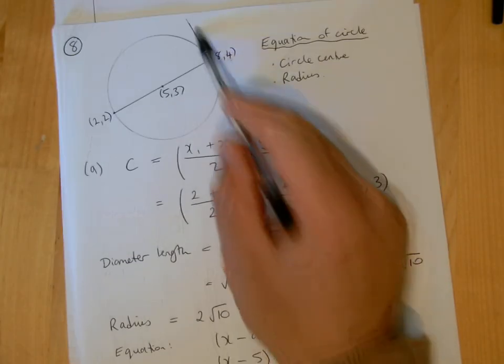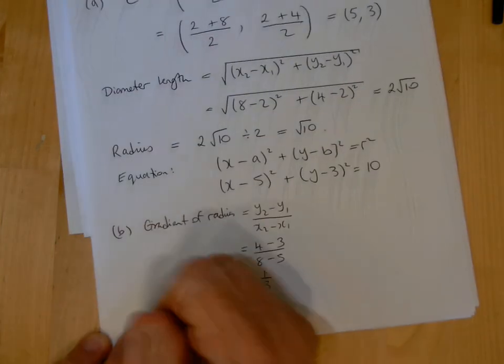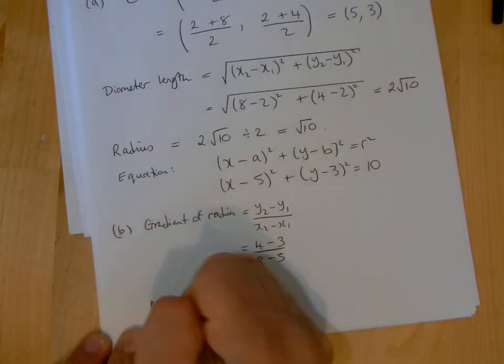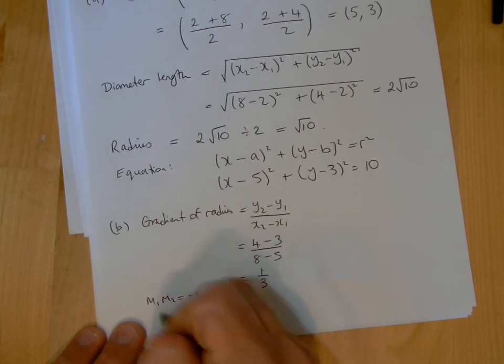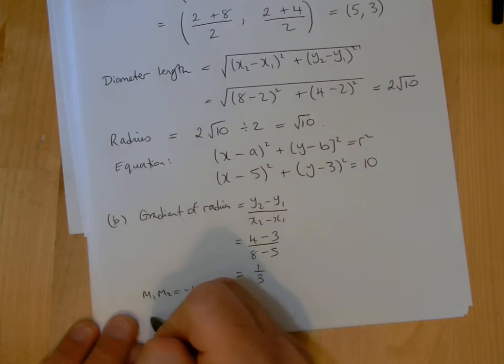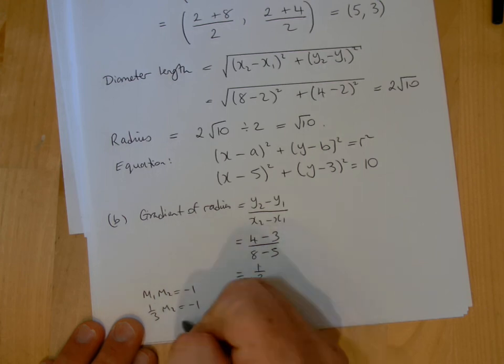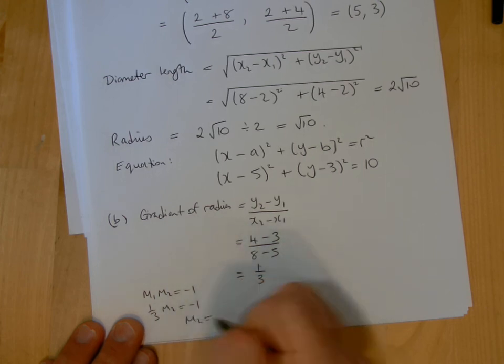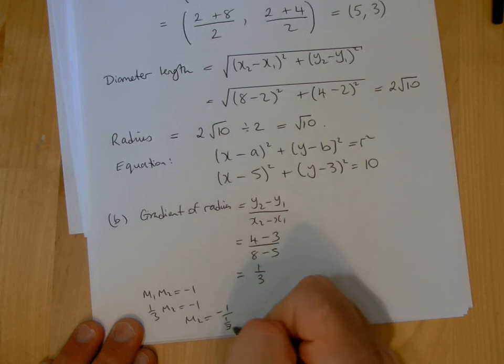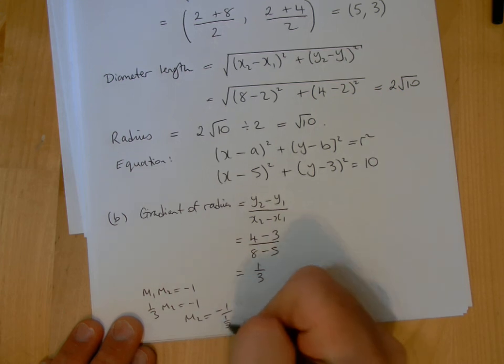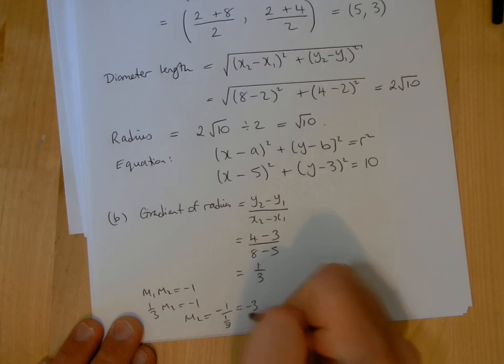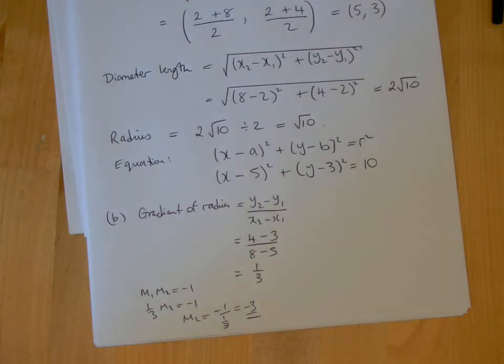Remember the tangent is at right angles to it, so we can use the rule m1 times m2 equals minus 1. Because the first gradient is a third, m2 has got to be, flipping the fraction, minus 3. So that's the gradient of the tangent.